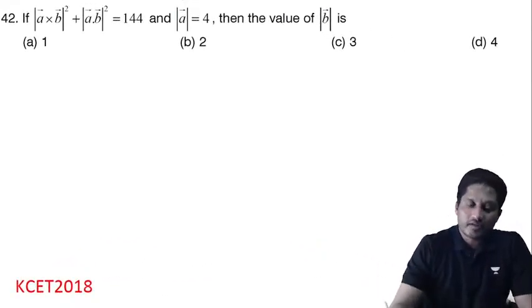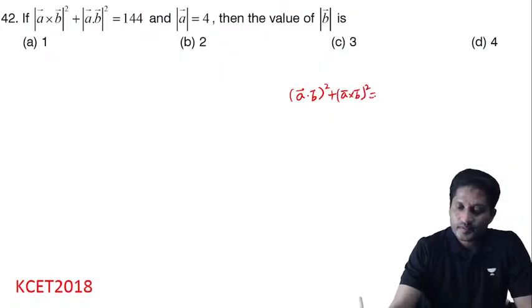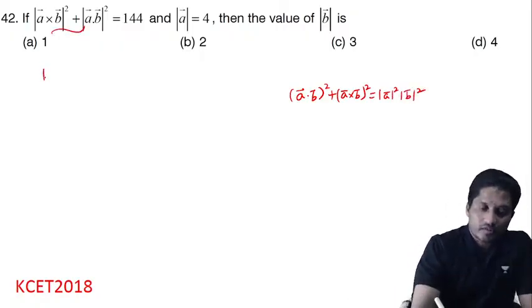See, I'll use Lagrange's identity. Dot the whole square plus cross the whole square equal to mod a square into mod b square. Dot the whole square plus cross the whole square equal to 144.